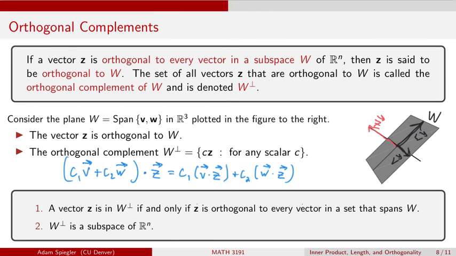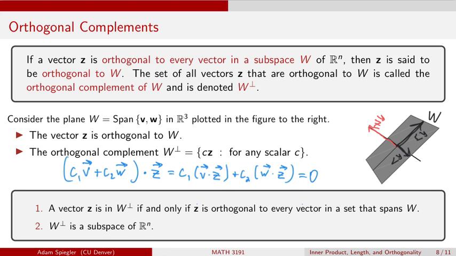And if I know that z is perpendicular to W, then this dot product is also 0. So what we can see is that if we take the dot product of z with any vector in the span of V and W, it's going to be orthogonal to all of the vectors in that subspace. So therefore, I don't need to check every single vector in the subspace W, but rather just make sure that these vectors z that are orthogonal to W are orthogonal to each vector in the spanning set of W.